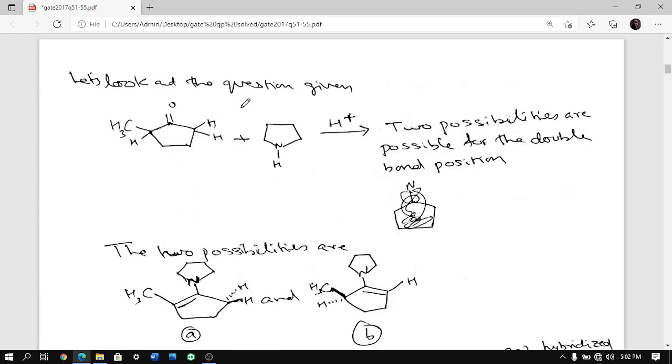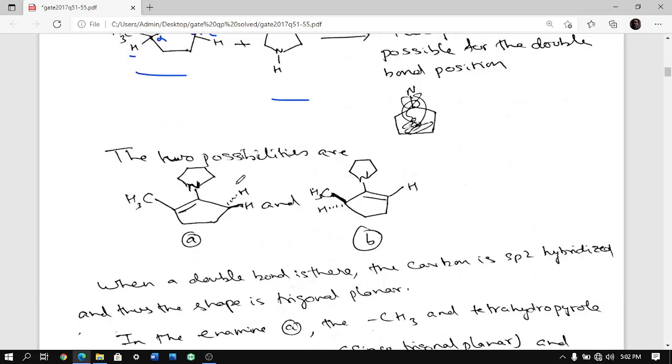Now in this question we are having this molecule and this molecule, right? So this is the carbonyl carbon, this is also alpha and this is also alpha. Both the alpha carbons, even this alpha carbon has a proton, even this alpha carbon has a proton. So which one will react to give the enamine? So two possibilities are there.